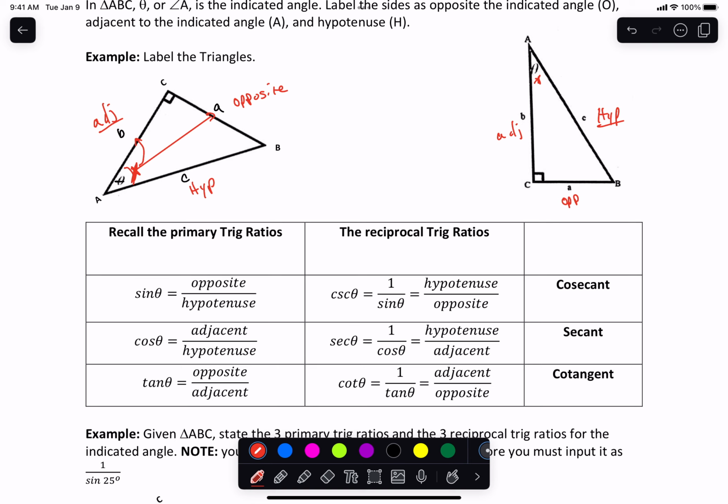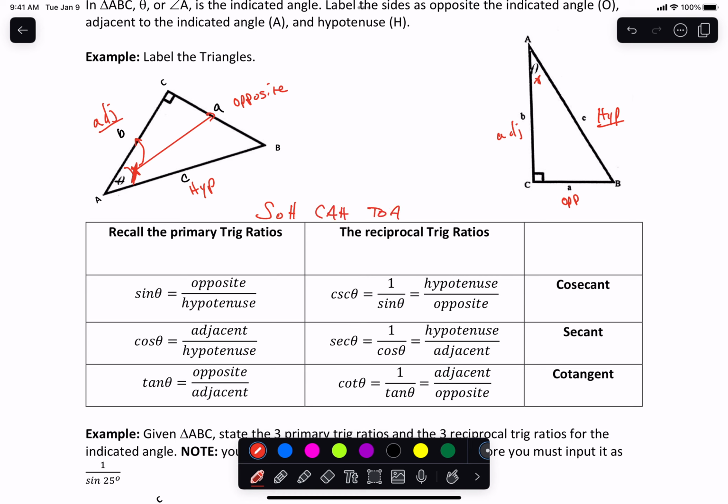So we had this acronym. Does anybody know what the acronym is for right angle triangles that represent the trig ratios? SOHCAHTOA. I've seen SOHCAHTOA written a few different ways, depending on where you've seen it. This is the way I had seen it in the past.